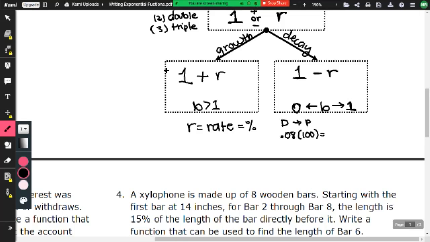And that will give you a percent. If you want to go backwards, if you start off with the percent and you want to go to decimal, you take the 8% and you divide by 100. The opposite of multiplying is to divide by 100. You don't actually type a percent symbol in the calculator, but if you take 8 divided by 100, it gives you 0.08.